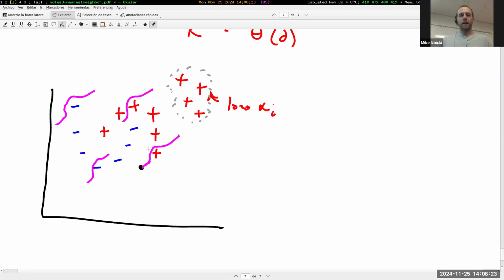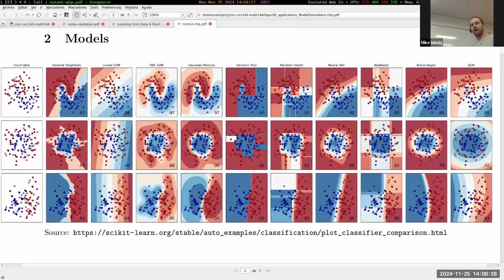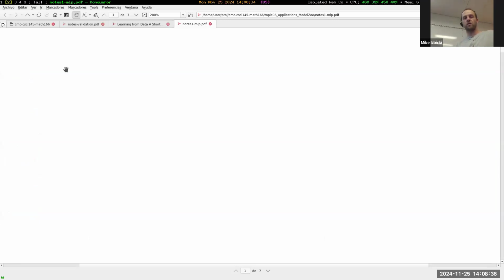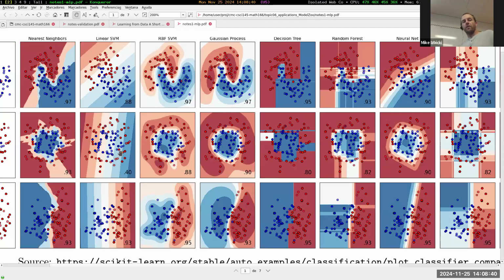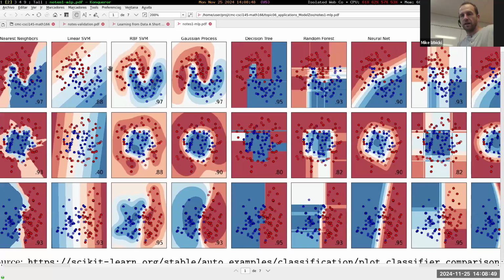If we come back to our plots up here and look at how these plots of the support vector machine compare to the nearest neighbor. So this is the three leftmost pictures up here that we'll be looking at. The middle one over here, the linear SVM, you can see that the linear SVM again is basically equivalent to logistic regression, which I don't think even has an entry.